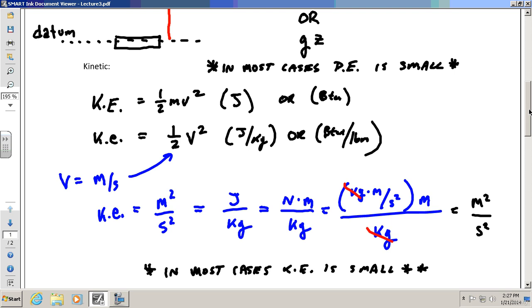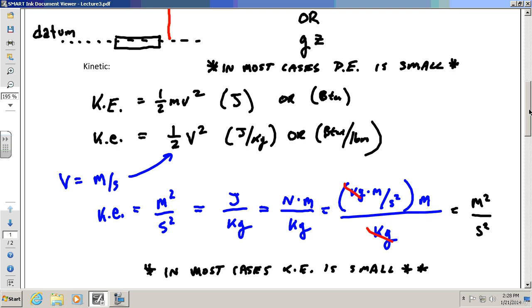It's not significant. When you get a problem and you read it, you might ask yourself, how do I know whether to make kinetic energy small or not? Any clue? What did I tell you for potential energy? How would you know it was small?